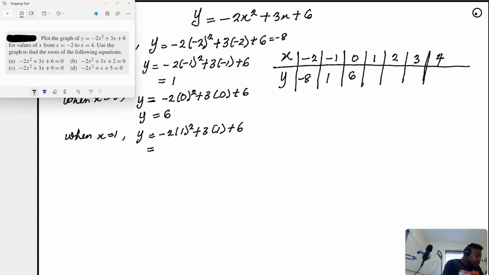So let's put 1 here. So that will be 7. When x is equal to 2, so let's use 2 here. So y will be 4.